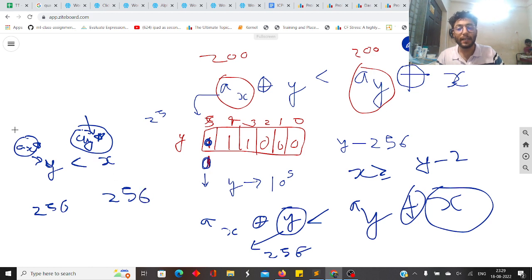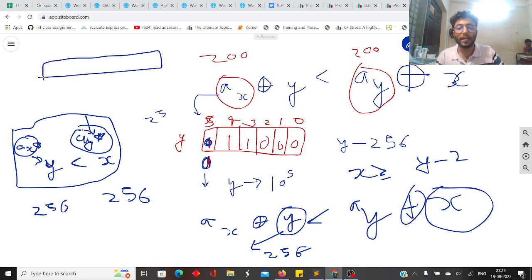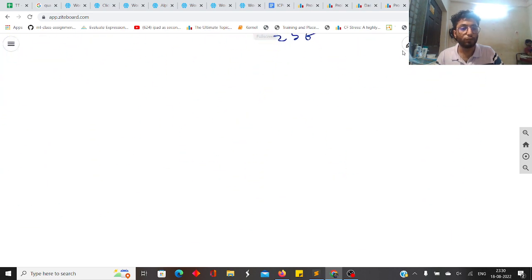Combining these two, the maximum difference that I can have between my y and my x is only 256, because this ax can turn off certain bits in the value of y, and this ay can turn off certain bits in the corresponding value of x. So at max the difference of x and y can be at most 256.